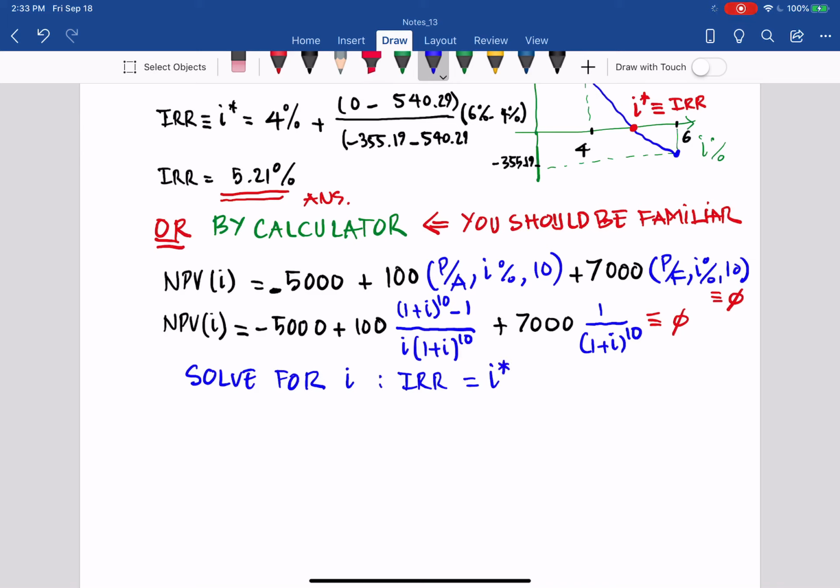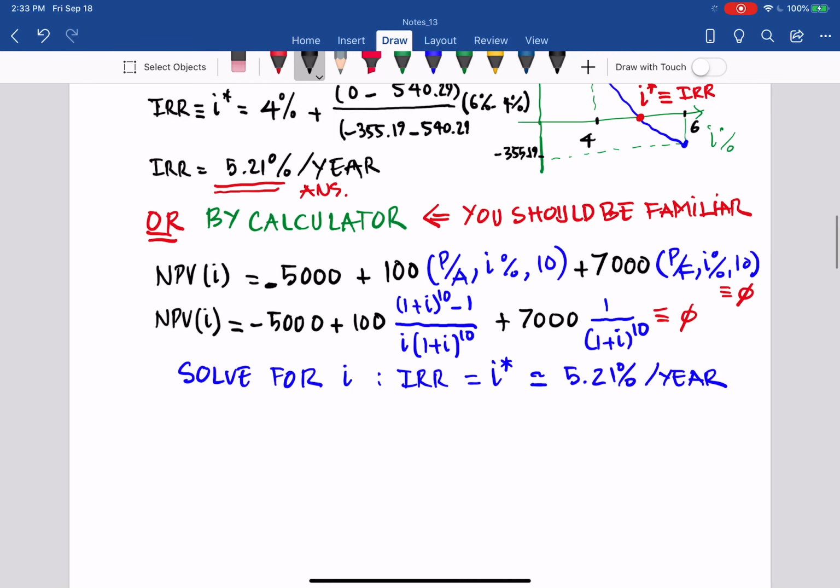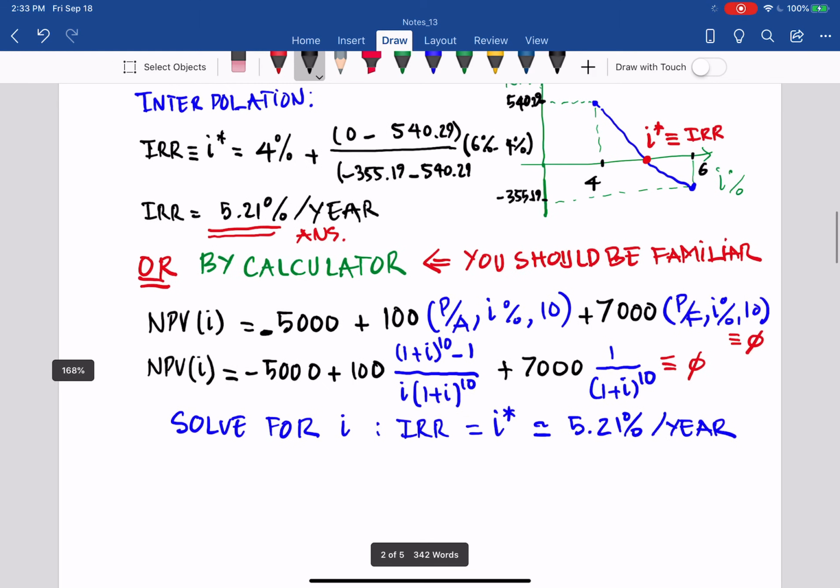So make sure you plug that equation into your calculator, practice, and show that it's about the same. That number here is a little bit different, but 5.21%, and that should be per year, since our equation is per year. So per year makes sense. So practice with the calculator and make sure you get the answer.